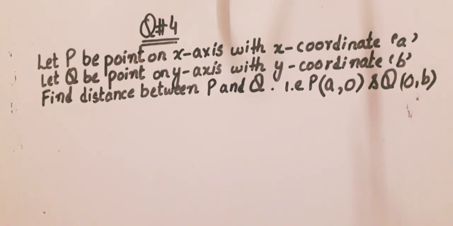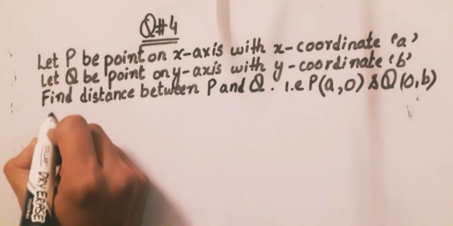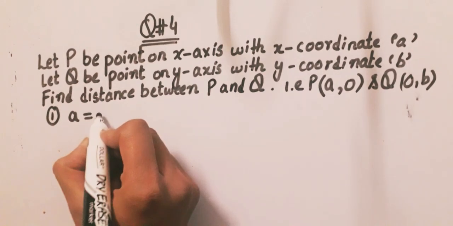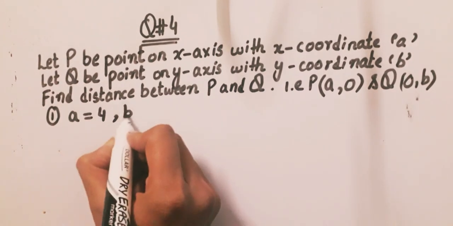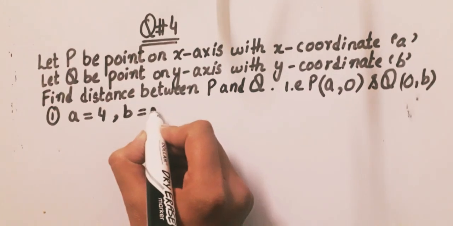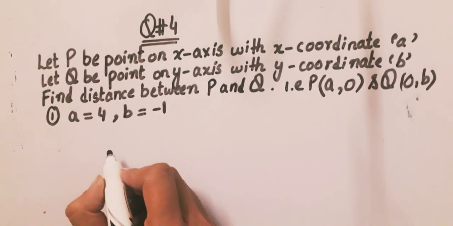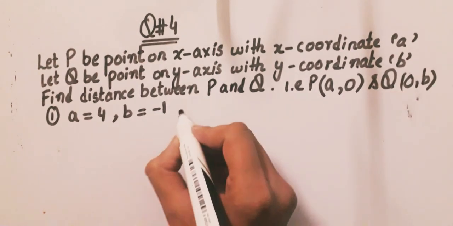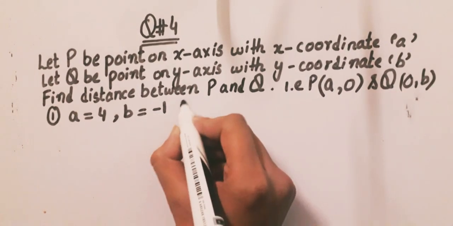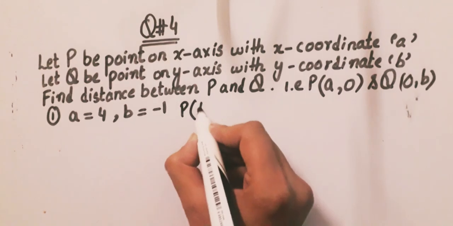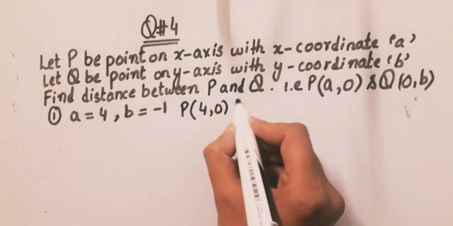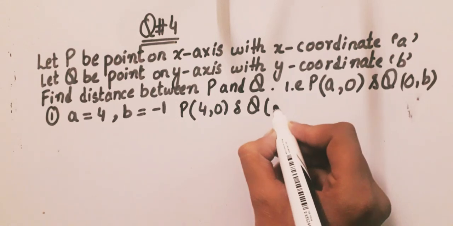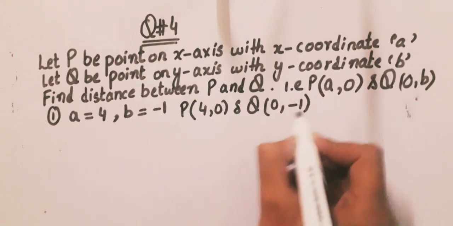Now in part 1, the value of A is given, that is 4, and the value of B is given, that is minus 1. So we will find the distance between P and Q. So the coordinates of P are 4 and 0 and coordinates of Q are 0 and minus 1.